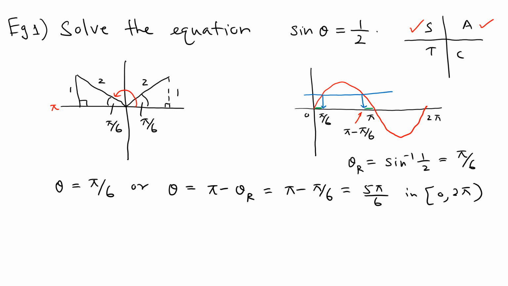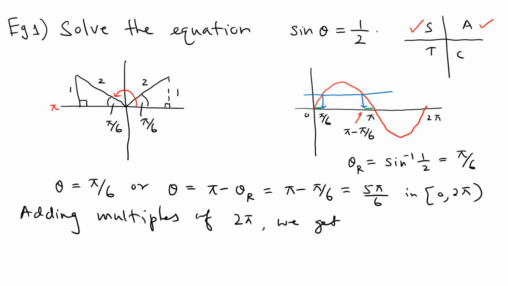Now, adding multiples of 2 pi, we get all the solutions. So we can say theta equal pi over 6 plus 2 pi k. When you add that, you get all the other values, because it's periodic.